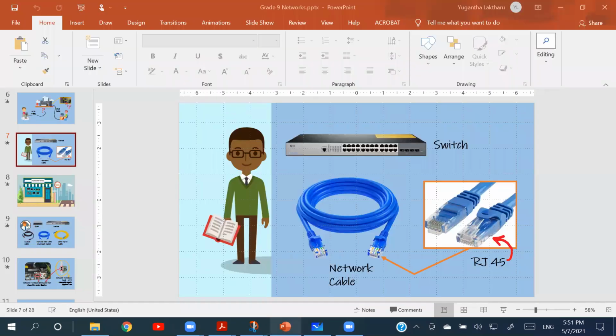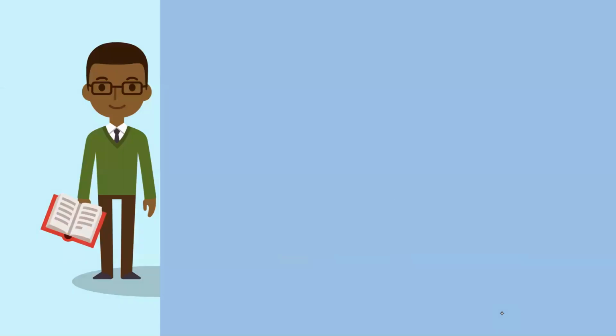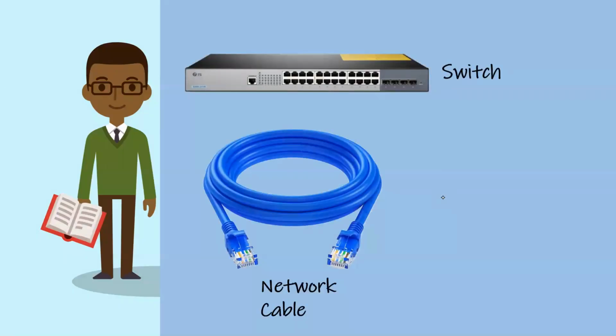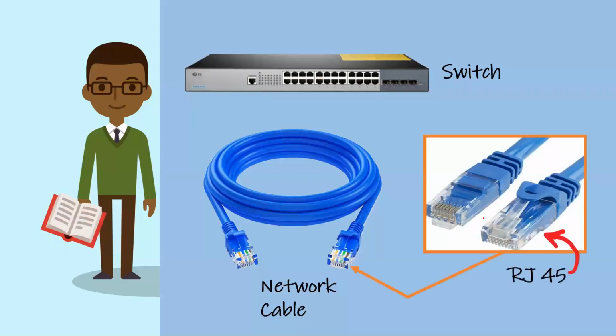If I show you a clear picture of the RJ45 connector, which is the connector at the end of the network cable, it is like this. If you have a pure TV connection or a dial-up TV connection, or network cables at your home, you can just take a look at the RJ45 cable.